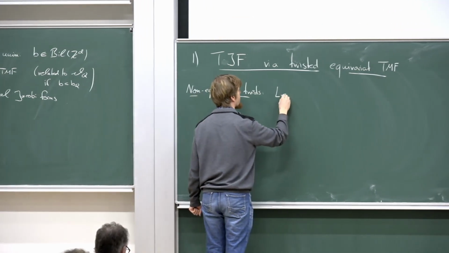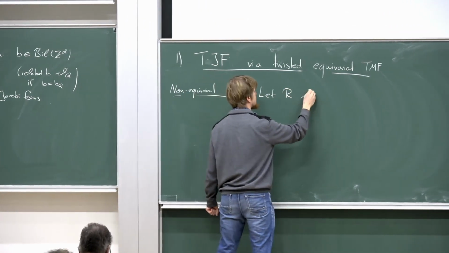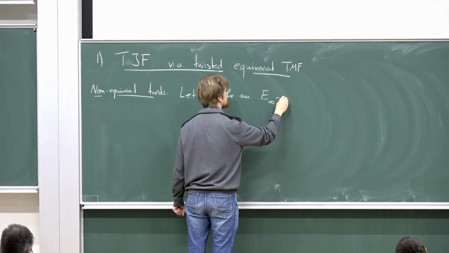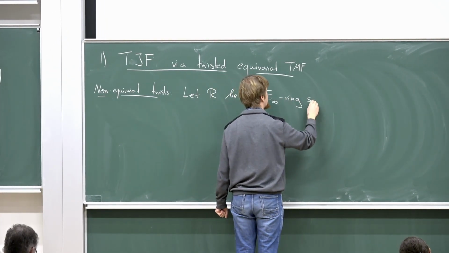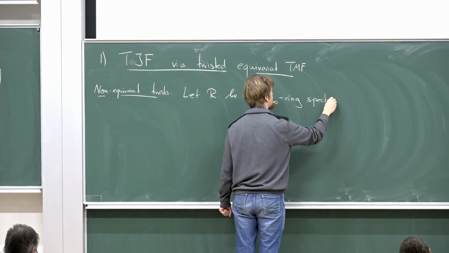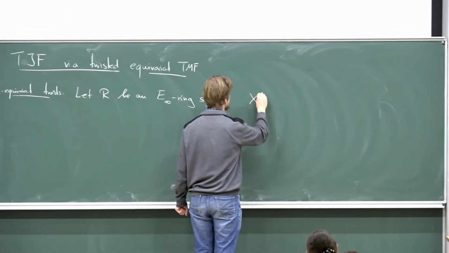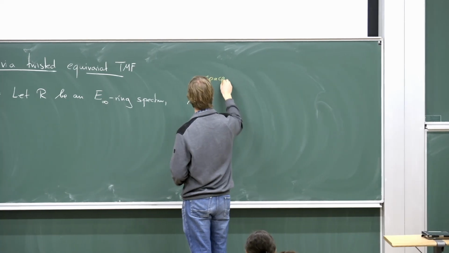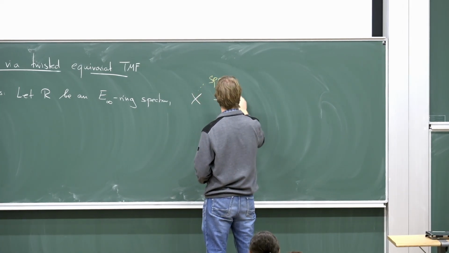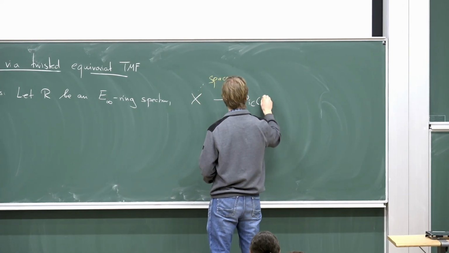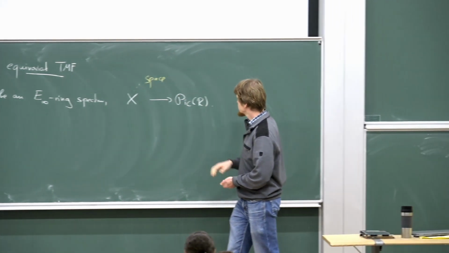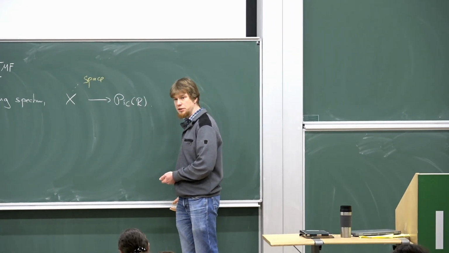So let R be an E-infinity ring spectrum, and X be a space, and let's say it maps to Pic R. So this is the data of a twisting. So what is Pic R? It's also a space.